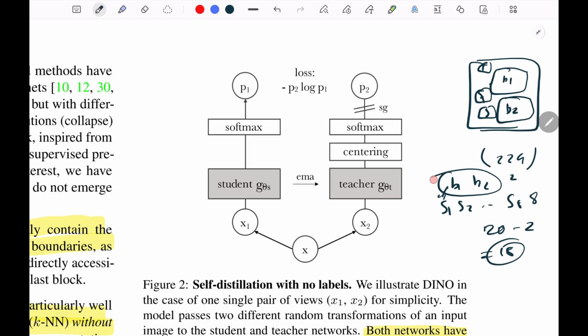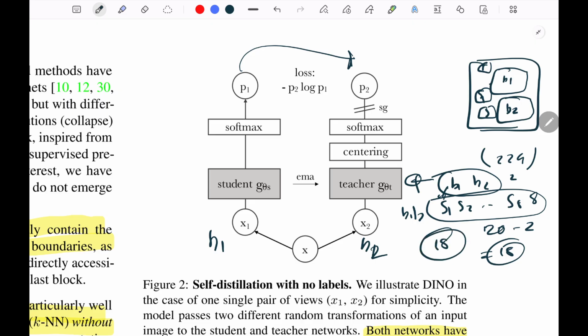The teacher only sees the big crops, the student sees all the crops, and when they compare the output of the student to the teacher, when it's B1 and here B1, they won't do that. When it's here B1 and B2, they compare it. So actually only 18 comparisons happen.